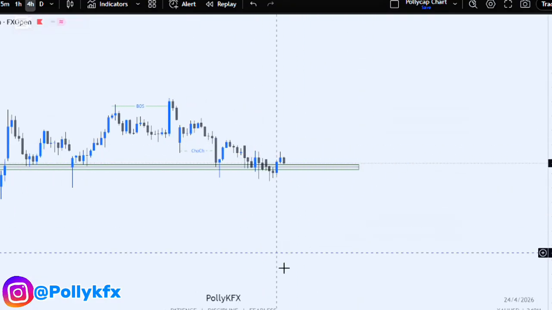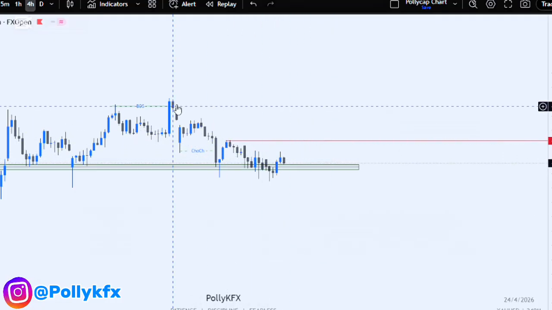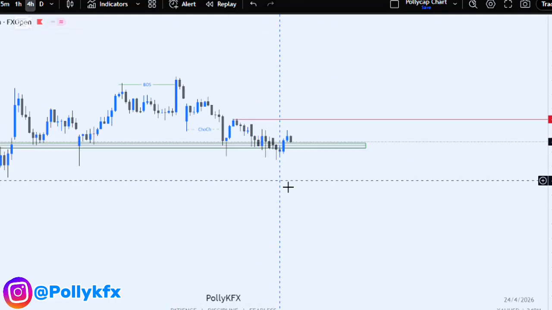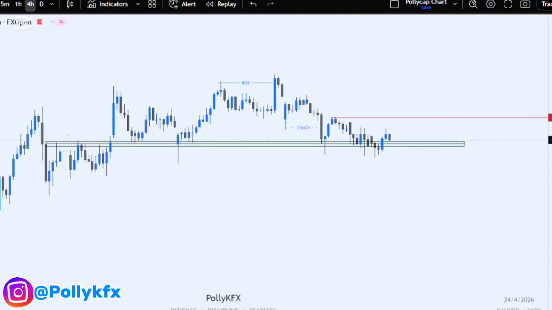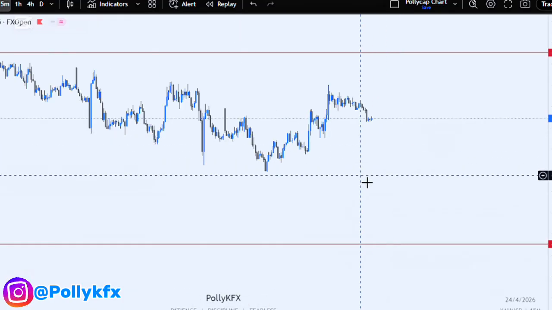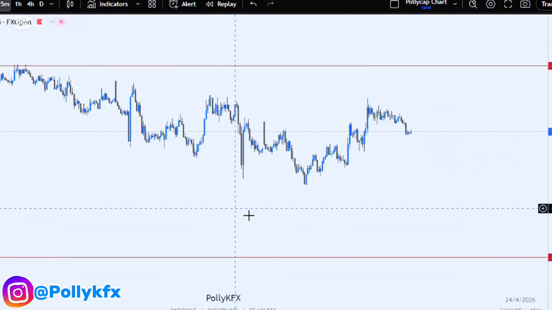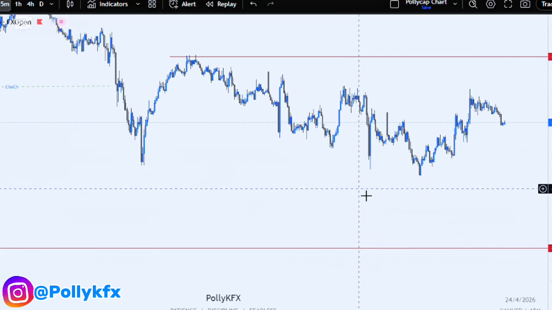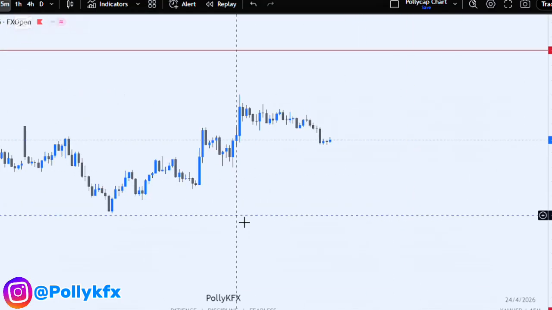If price closes above this, there's a high chance we may buy up to here. But if it continues selling like this, we might sell. The first level as a day trader may be this, and M15 according to the trend, of course. So now from here, as you can see, is a very nice downtrend, matching also what we saw on the H4.